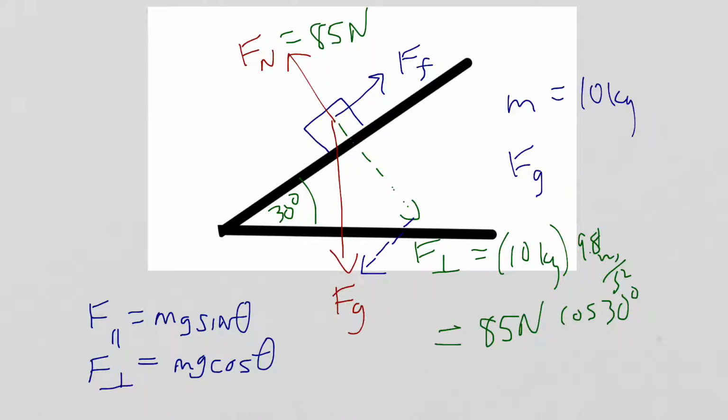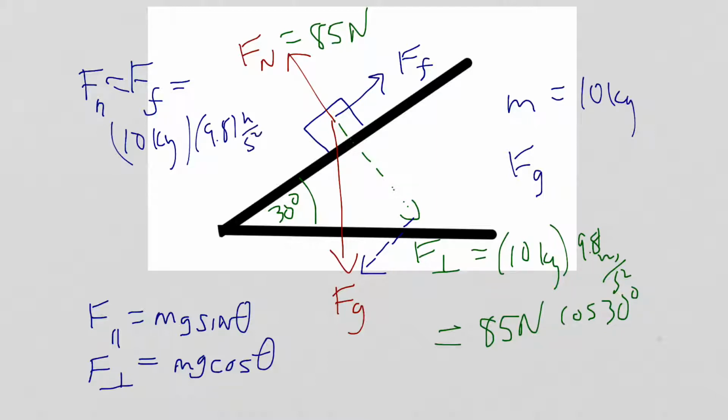So, let's do it. F parallel, which in this case is the force of friction, what is that equal to? Well, my mass, 10 kilograms, my g, 9.81 meters per second squared, and of course, now I need the sine of 30 degrees.